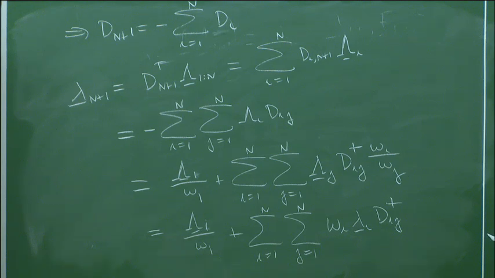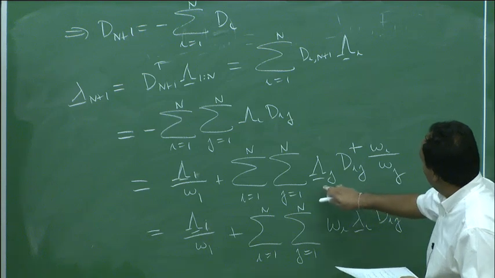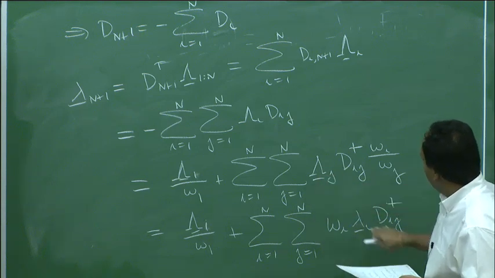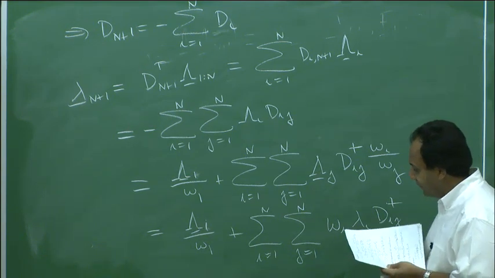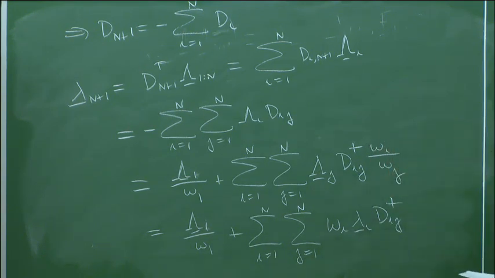So I get this result, because I've substituted in for lambda_j and written it in terms of lambda_i, which in turn is equal to the following.